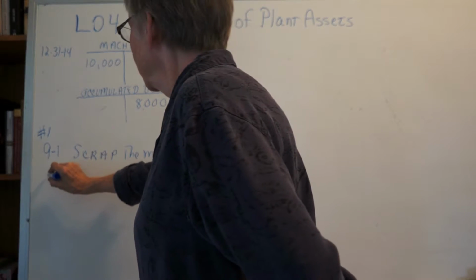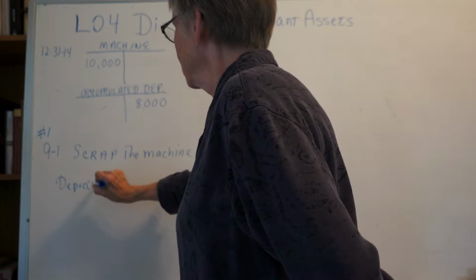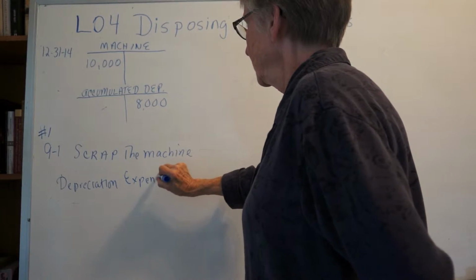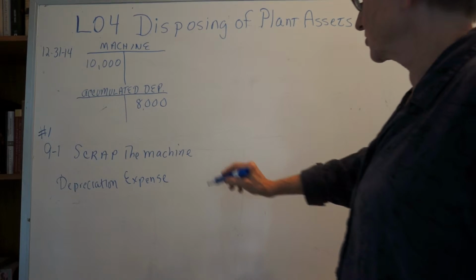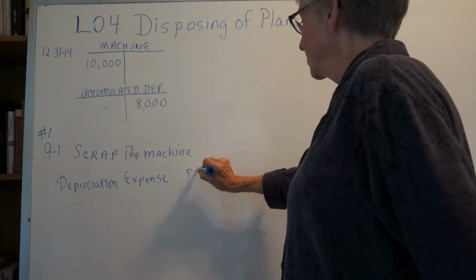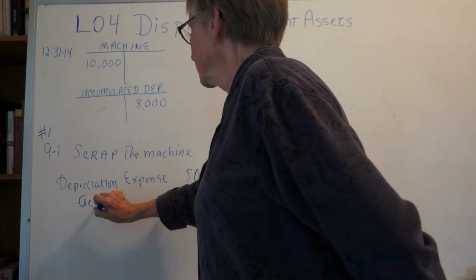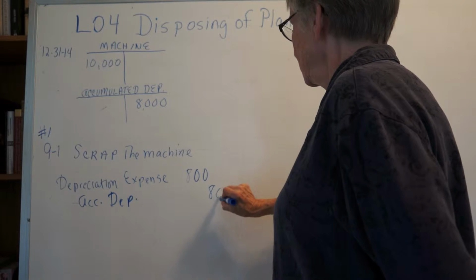So on 9/1, we go depreciation expense, and I'm going to say it's depreciating at a rate of $100 a month, so that would be $800 to update it. And we would go accumulated depreciation would be $800.